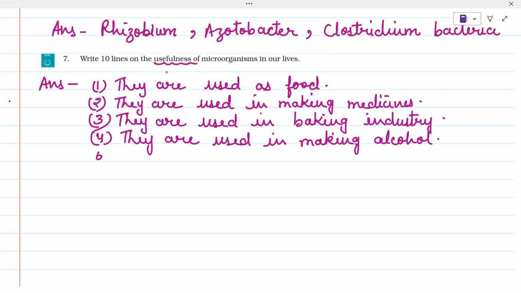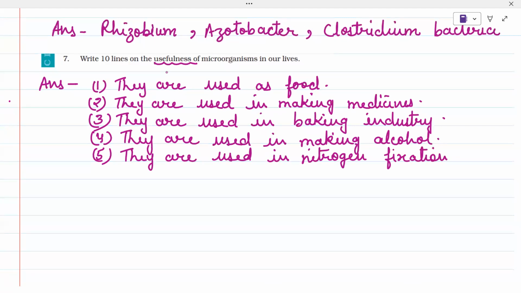By the process of fermentation, right? Then they are also used in fixing the nitrogen, right? So we can write down, they are used in nitrogen fixation.